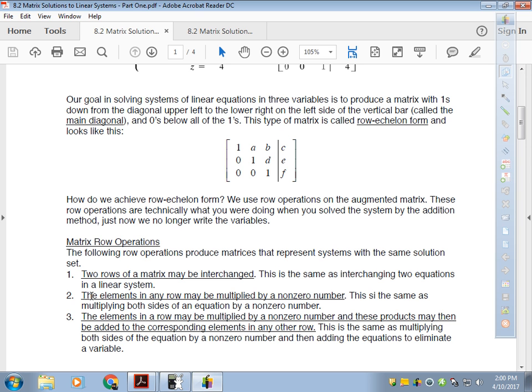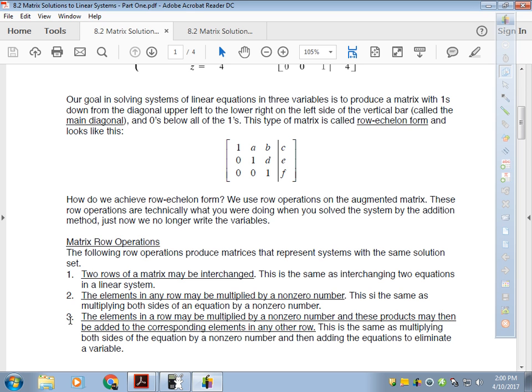Second, I can take the elements of a row and multiply them by a non-zero number. So I can take this row and say, let's multiply all of it by 2. Or I could also say I want to divide by 2, as long as I remember that divide by 2 means the same thing as multiply by a half. And so I can divide this row by a number.